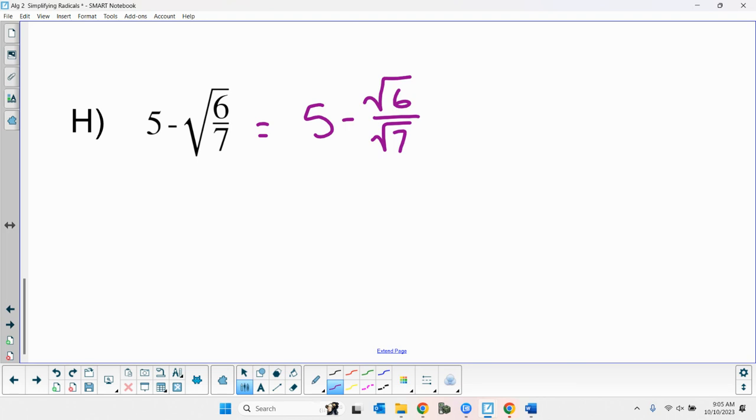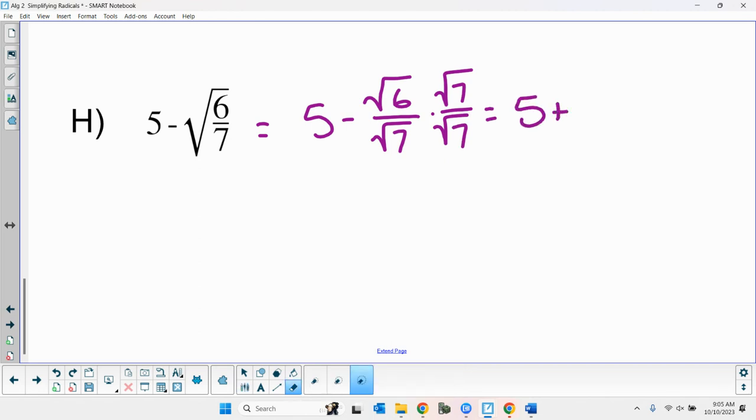Then I'm going to multiply the top and the bottom by that square root of 7. Oops, not plus, sorry, minus. And that's the square root of 42, 6 times 7. And 7 times 7 is 49, but the square root of 49 is 7. So we get rid of that radical in the denominator. Rationalize the denominator.